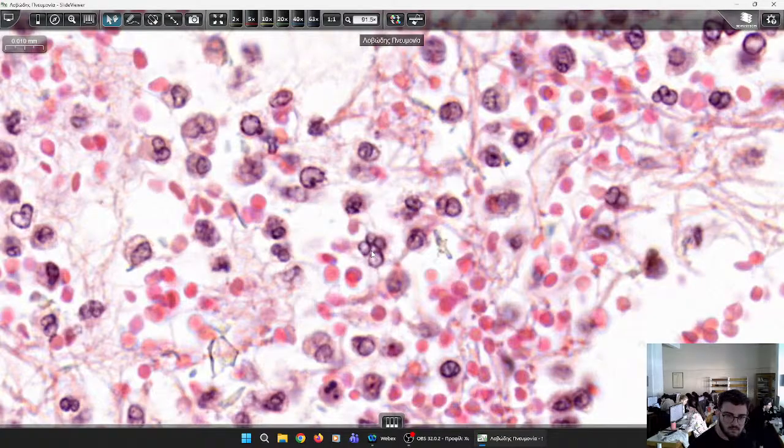Chronicity is defined by a mainly mononuclear inflammatory infiltrate consisting not so much of macrophages, because macrophages get out right after the neutrophils, but of immune cells, lymphocytes, small, mature lymphocytes, or plasmacytes. The hallmark of chronic inflammation is the plasmacyte.